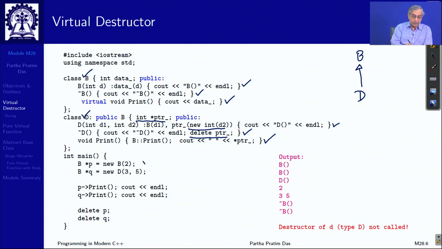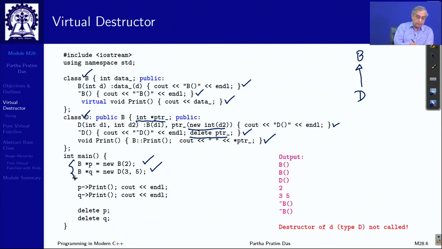We dynamically construct two instances, one of B and the other of D, and put the pointers in B type pointers. We have seen how to do this by doing an upcast and keeping the pointer to the object by the base class pointer.